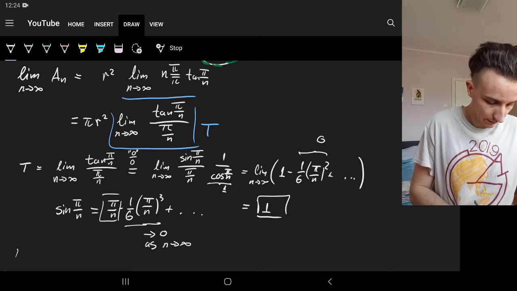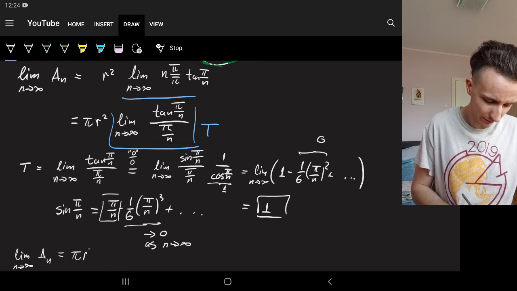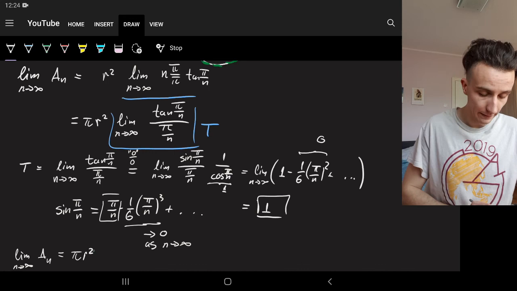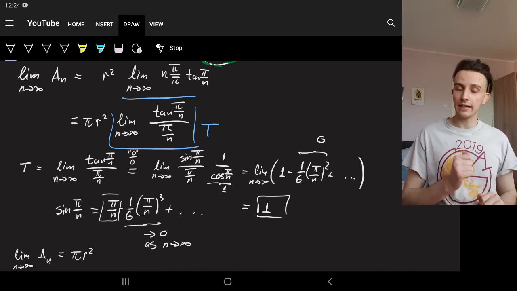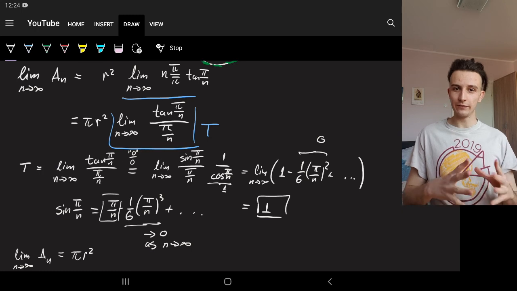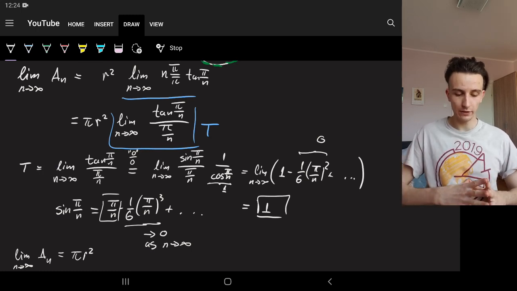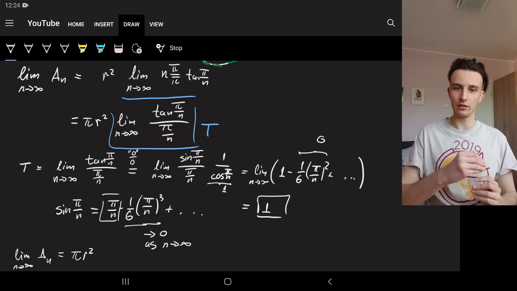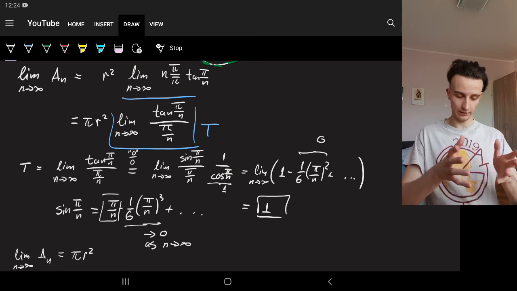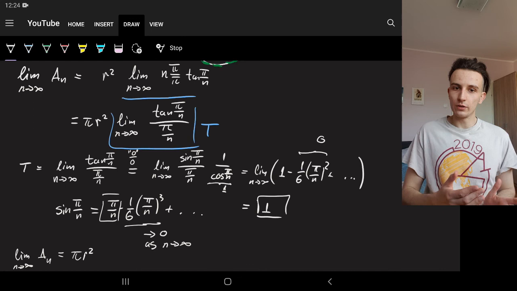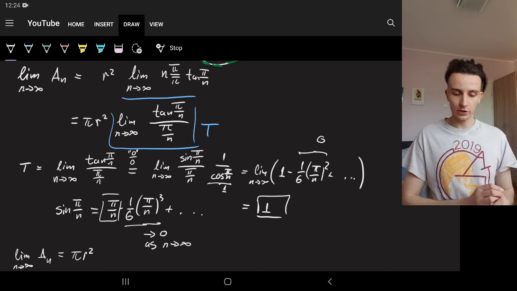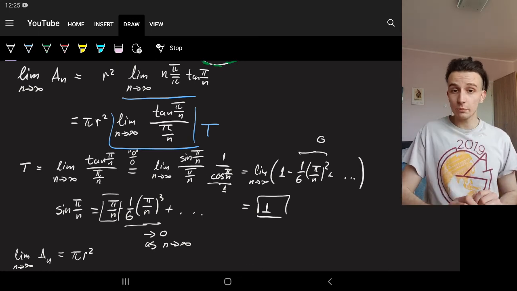So the limit, n tends to infinity, of An is just pi r squared. So when you have an n-gon, as n tends to infinity, the area of the n-gon tends to pi times r squared, where r is the radius of the circle that's inscribed inside it. I.e., we just showed that the area of the circle is equal to pi r squared.